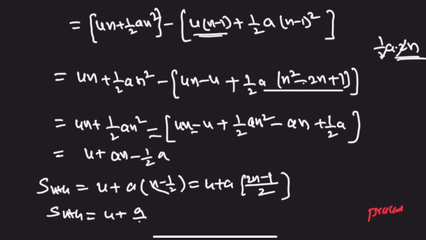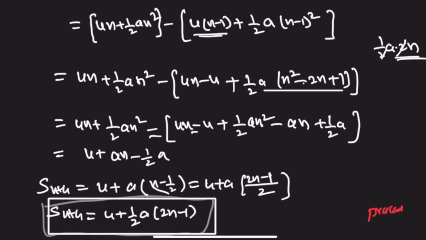I have written it as a by 2 into 2n minus 1, and a by 2 is nothing but half a, to read conveniently. So Snth is equal to u plus half a into 2n minus 1. So this is the Snth formula.